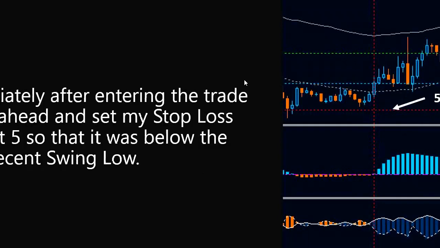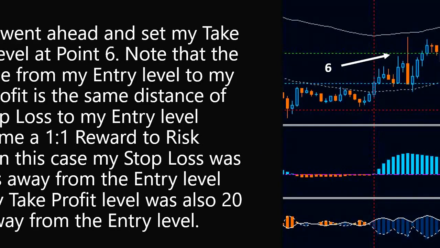Right. And next, immediately after entering the trade, I went ahead and set my stop loss at 0.5 so that it was below the most recent swing low. Next, I went ahead and set my take profit target level at 0.6. Note the distance from my entry level to my take profit is the same distance as my stop loss, being 1-to-1 in this case.